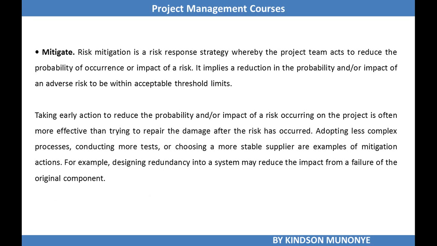The third strategy is mitigate. Risk mitigation is a strategy where you don't avoid the risk, but you put a plan in place to reduce the probability of this risk occurring or the impact. It also implies reduction in the probability and impact of the risk to be within an acceptable threshold. Let's take, for example, if you want to install a data center in your organization, and you find out that there's power outage from time to time, and then you decide to buy a generator.